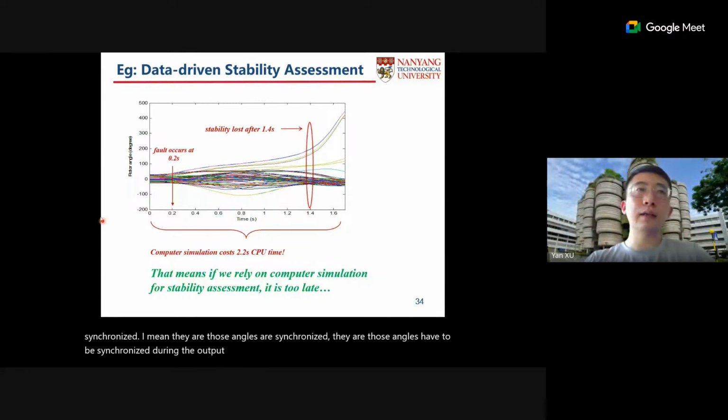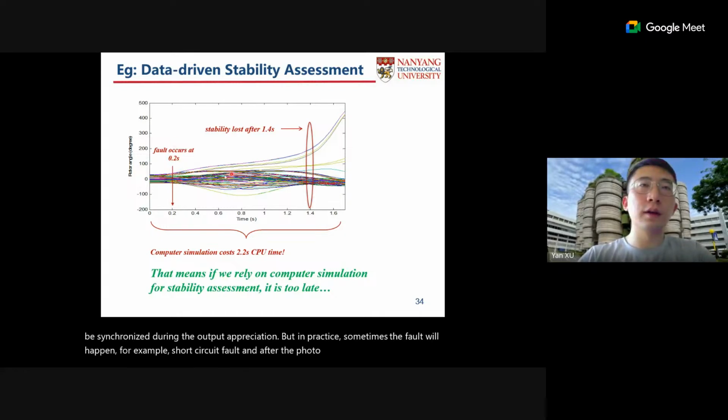Now, but in practice, sometimes a fault will happen, for example, a short circuit fault. And after the fault, the rotor angles of different generators will change over time. This is a simulated rotor angle trajectory. You can see that the fault happens at 0.2 seconds.